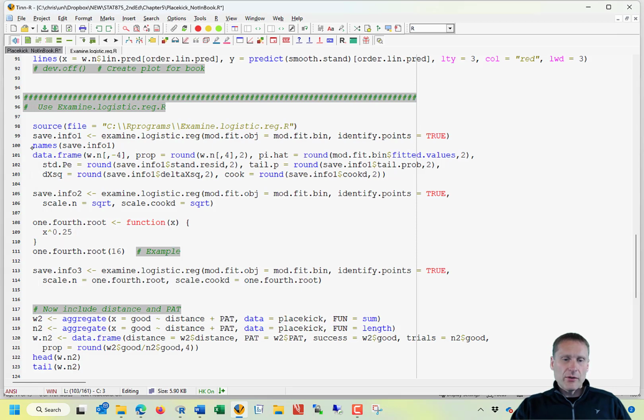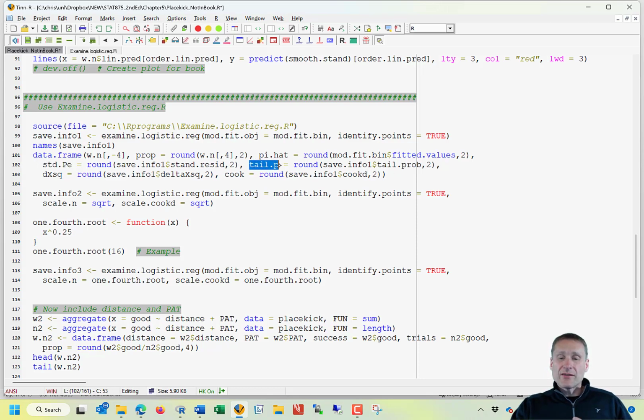And so what I can do is just print off those things that I'm interested in. So I create a data frame. I put my original data, w.n, in there. And this -4 basically says don't use the 4th column. You can look back at w.n to see why we don't want the 4th column. It's not a big deal. I put in pi.hat. I put in the standardized Pearson residuals.